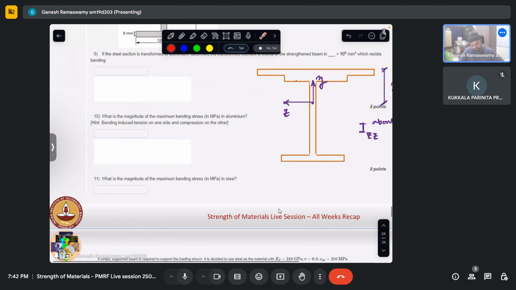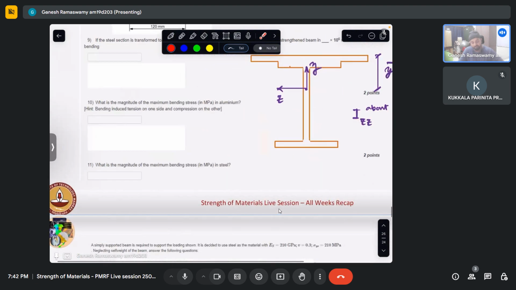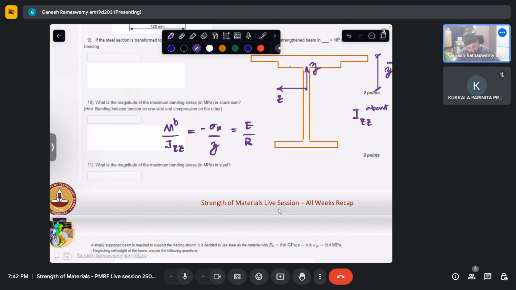Now this is done, it is just a matter of applying the flexure formula. How? Flexure formula is M_B by Izz equal to minus sigma x by y equal to E by R. However, we are not dealing with this portion of the flexure formula.